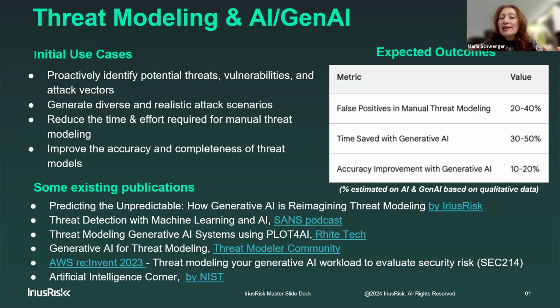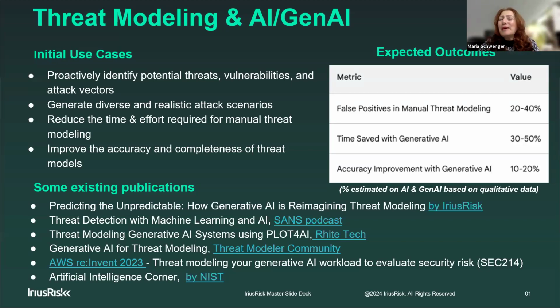We have initial use cases: proactively identify threats, vulnerabilities, attack vectors, mitigations, validation, generate diverse and realistic attack scenarios, reduce the time for creating a threat model, make it more accurate, more complete, better, or basically tell me, hey, you really need to go and update it because we may have some real threat intelligence that brings new conditions that may impact my threat model.